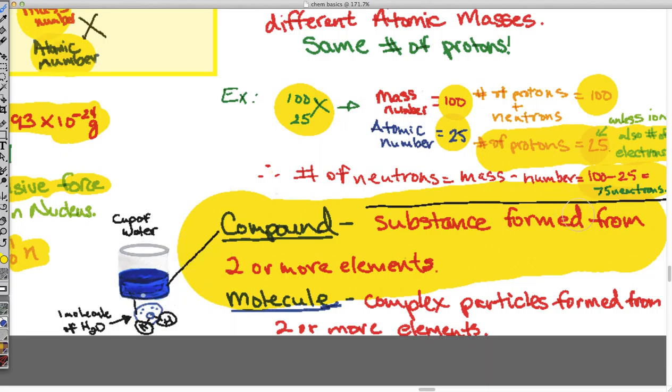Now I can look at one specific molecule of H2O, where it's also got pretty much the same definition as complex particles formed by two or more elements, but the difference is we're looking at just one pair of H's and one oxygen, as opposed to the compound of water. Okay, make that distinction in your head.